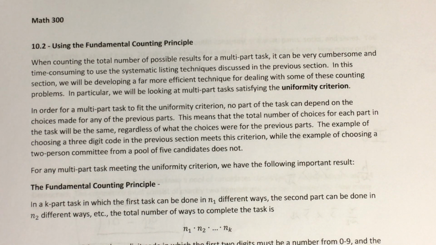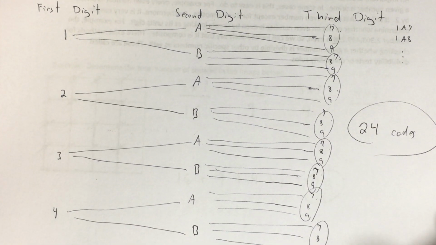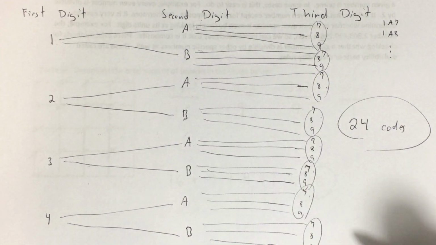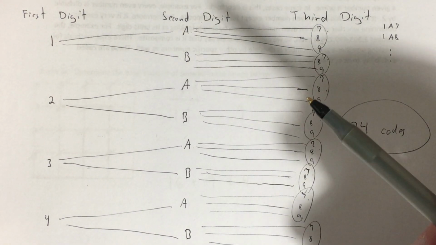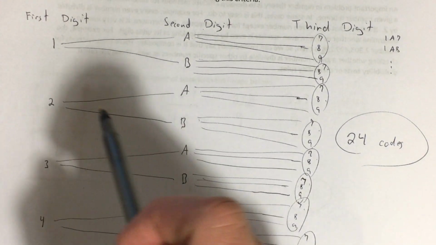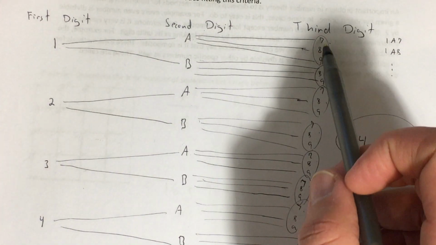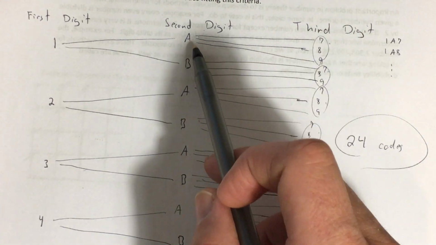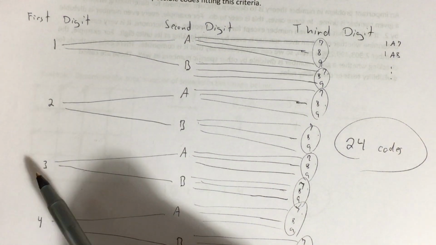So an example of that would be the example that we did in 10.1, where we were finding that 3-digit code. Remember, the first digit was a number from 1 to 4. The second digit was a letter A or B. The third digit was a number from the set 7, 8, or 9. And regardless of what the third digit ends up being here, it's not dependent on what was chosen for my first or second digit.